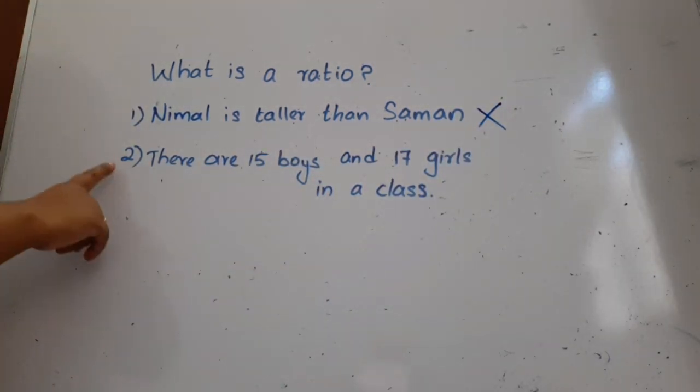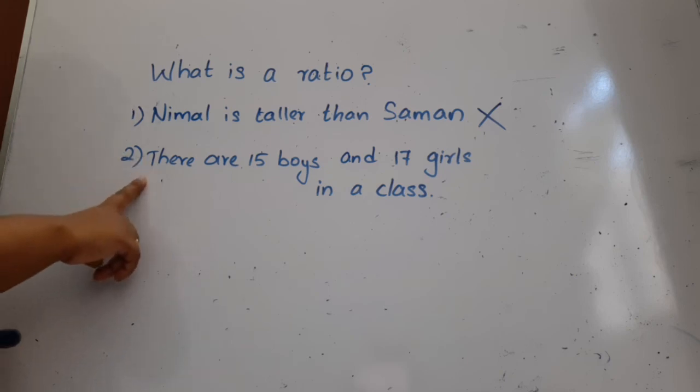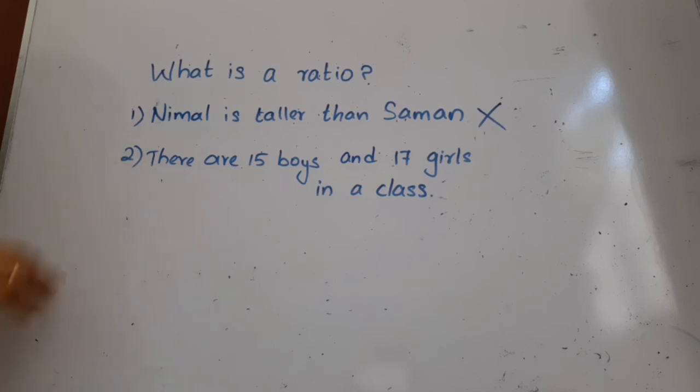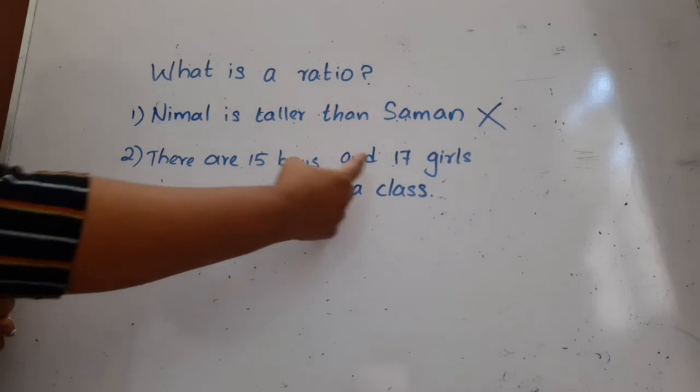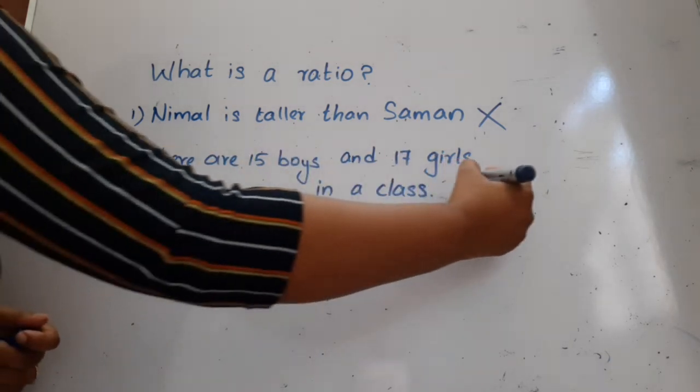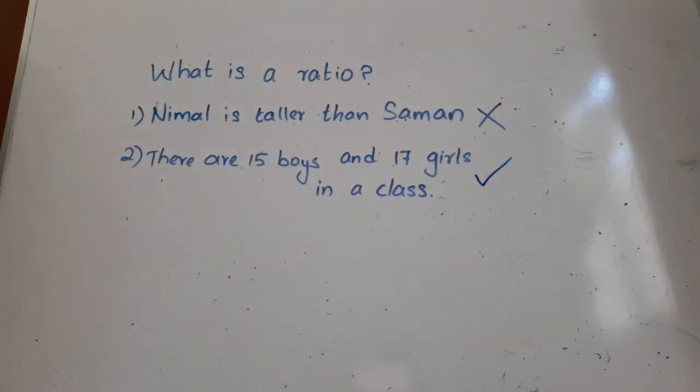Let's look at the second sentence, which is, there are 15 boys and 17 girls in a class. Here they are comparing the number of boys to the girls in a class, whereas it's 15 and 17. So they have given numerical values, so it can be indicated as a ratio.